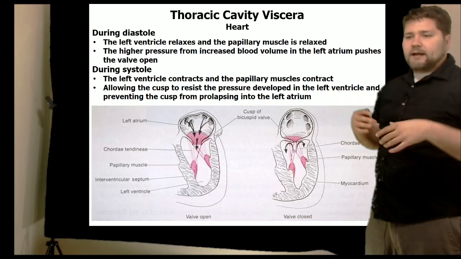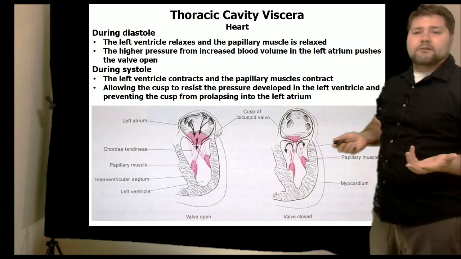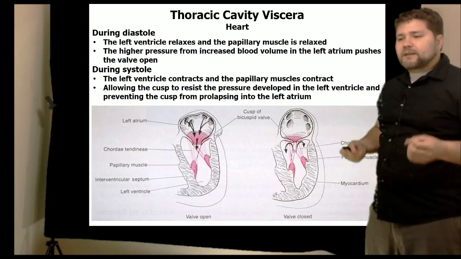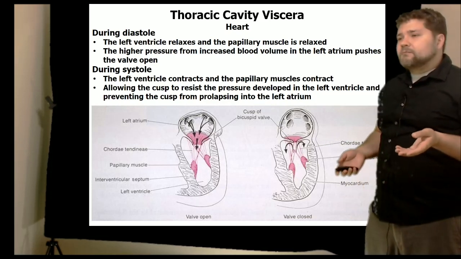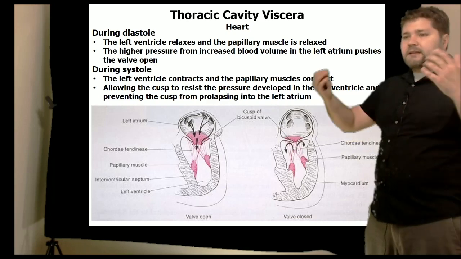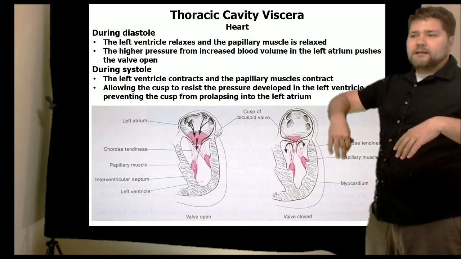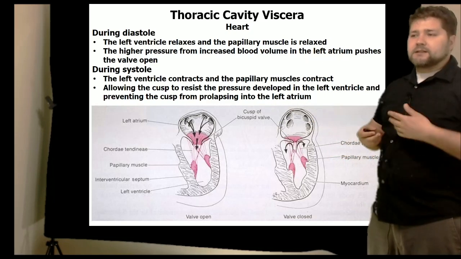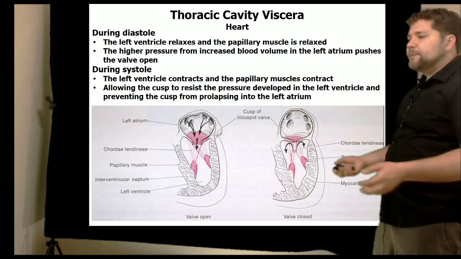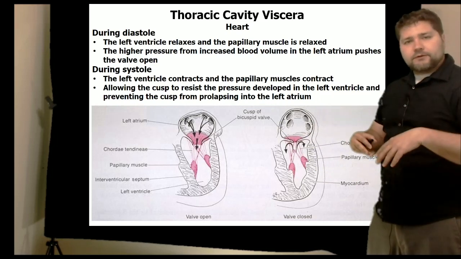You can kind of just push them out of the way. They don't look like anything spectacular if you ever see these. When they're fixed, they actually look a little more interesting than when they're fresh. But the blood in the atrium just kind of falls into the heart. You do have some pressure from the lung circulation putting blood in there, so it's not a completely passive process, but it just kind of dumps itself into the ventricle, okay?